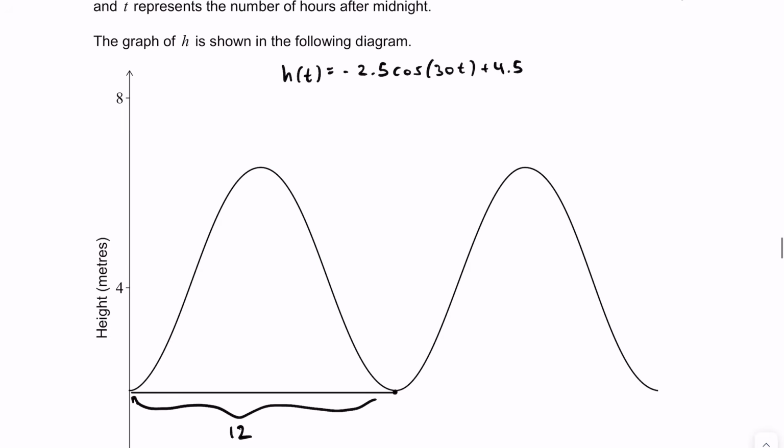So let's substitute 5 in for t, wherever we see it. So negative 2.5 cos 30, times 5, plus 4.5. All right, let's put this into a calculator and we'll solve for h.